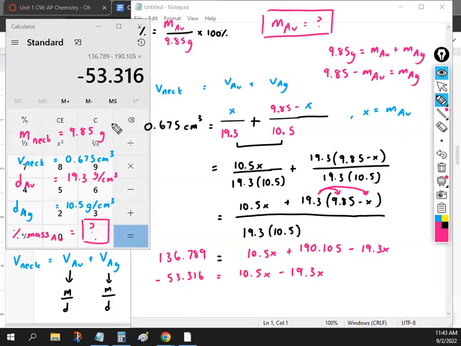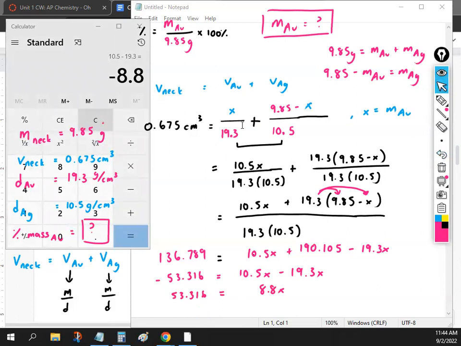All right. On the right side, we're going to do just 10.5 minus 19.3, and that works because they're both x. So on the right side, we're going to end up with negative 8.8x, and then negative 53.316 on the left side. Okay, we know that if we have a negative on the left and right, they can cancel out with each other. And then last but not least, we can finally solve for x.